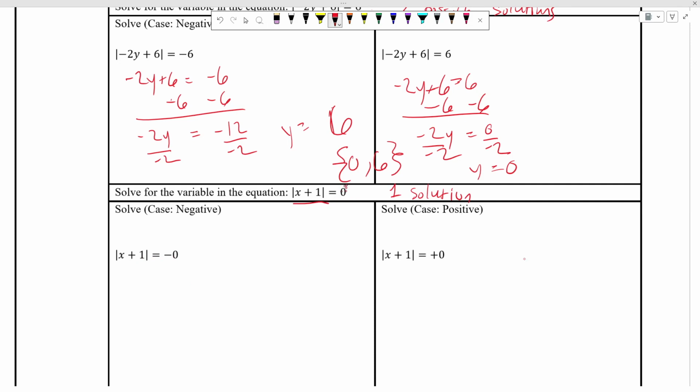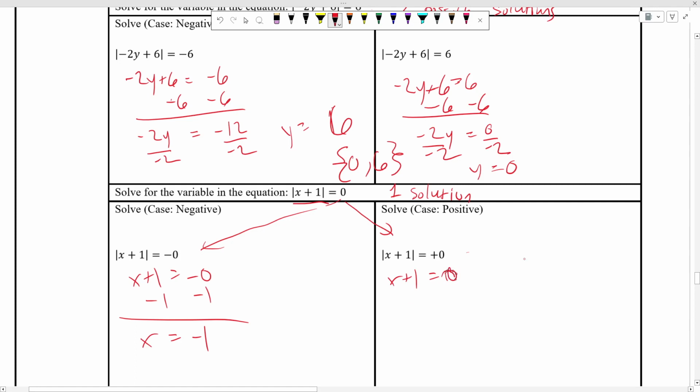So if I'm saying it's 0, I need to assess from the negative direction of 0 and the positive direction of 0. That's why you see this equals negative 0 and this equals positive 0. These bars drop off, and you have x plus 1 equals negative 0, minus 1, minus 1, x equals negative 1. There you go. This one here, bars drop off. 0, minus 1, x equals -1.